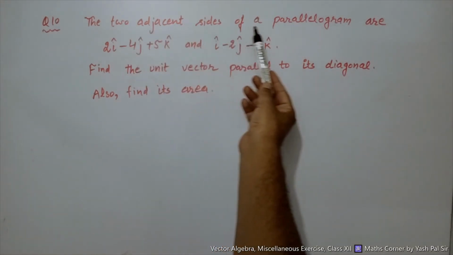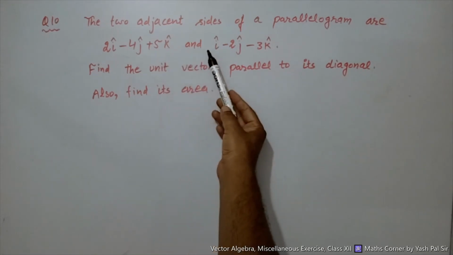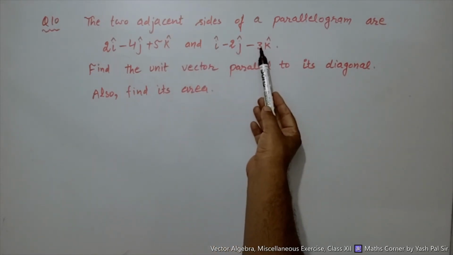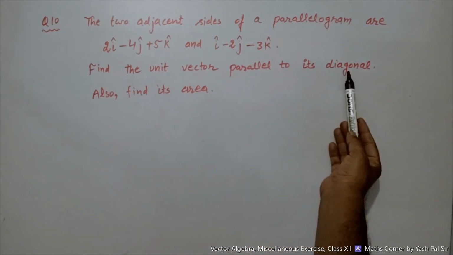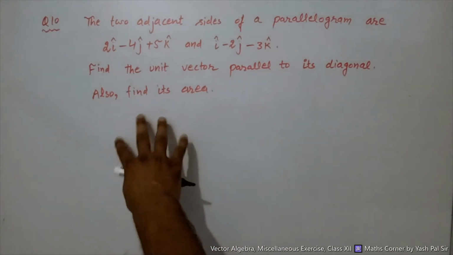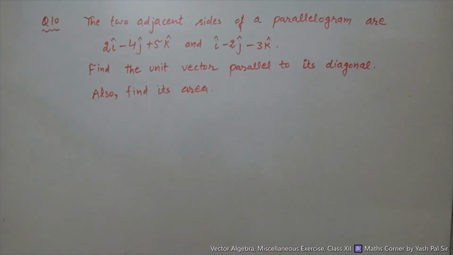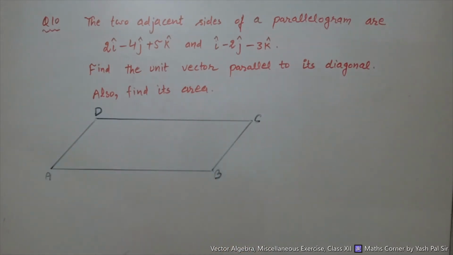Question number 10. The two adjacent sides of a parallelogram are 2i minus 4j plus 5k and i minus 2j minus 3k. Find the unit vector parallel to its diagonals. Also find its area. So the diagram of the parallelogram is A, B, C, D. Suppose this is the parallelogram.